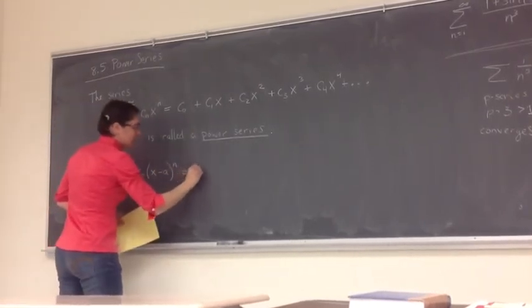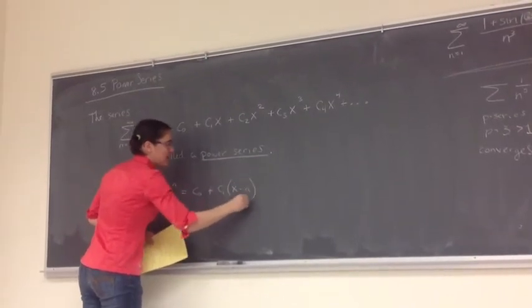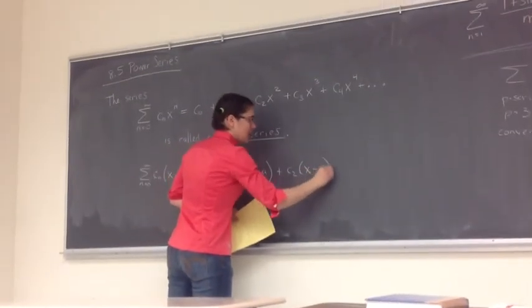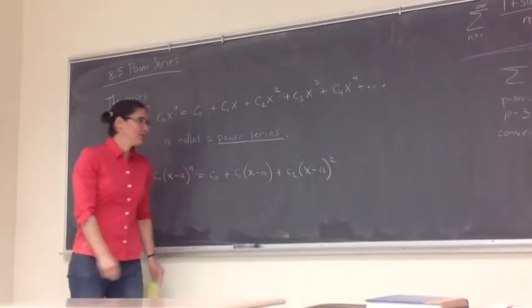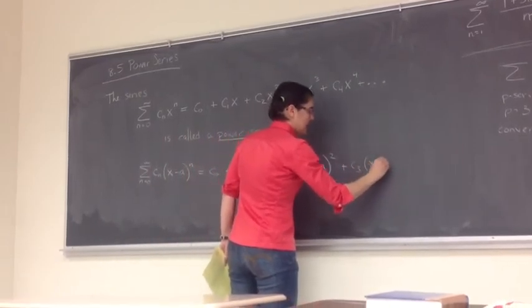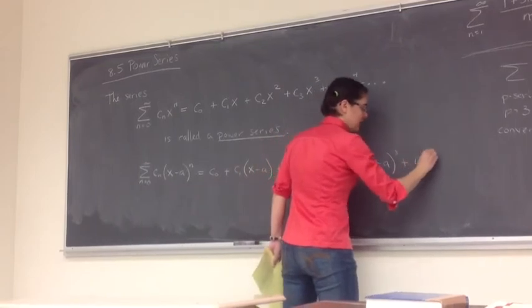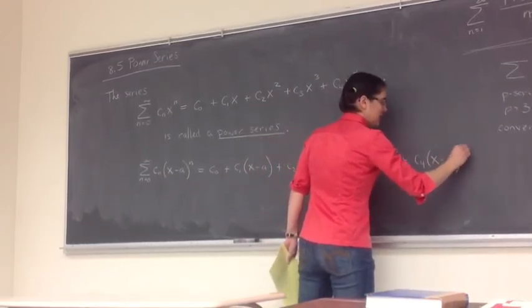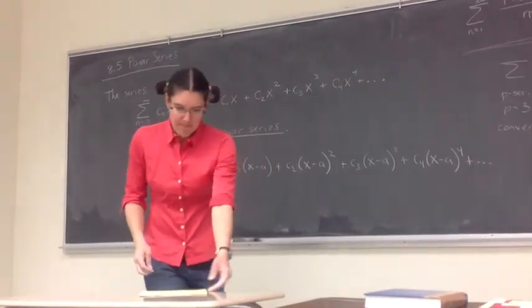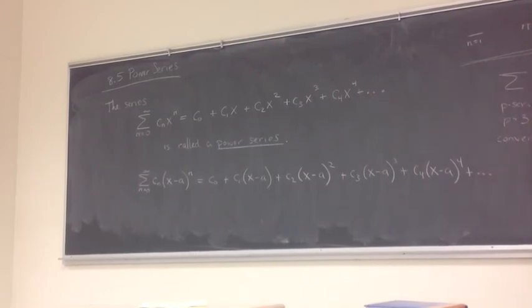And so this one looks like C0 plus C1 times x minus a plus C2 times x minus a, the quantity squared, plus C3 times x minus a, the quantity cubed, plus C4 times x minus a to the fourth, plus dot, dot, dot. And this guy is also called a power series.